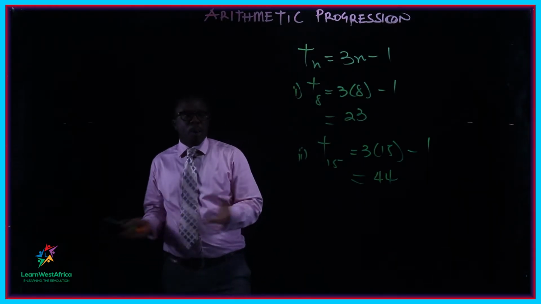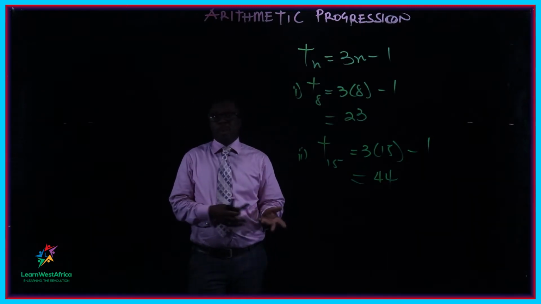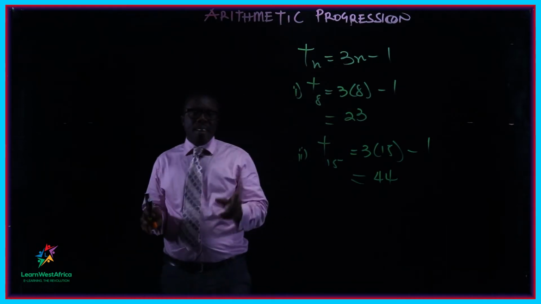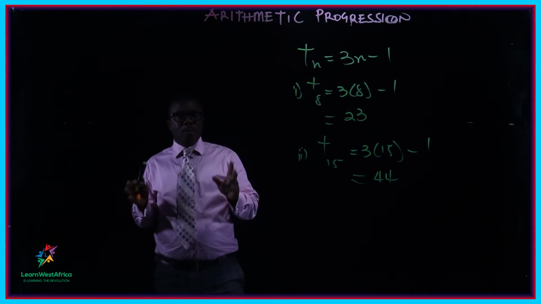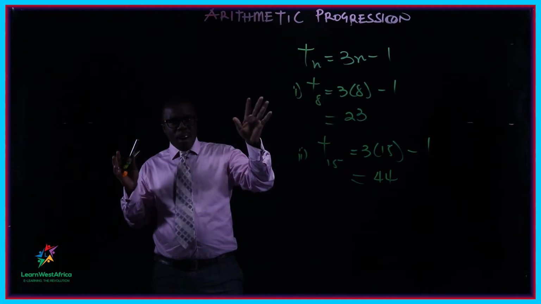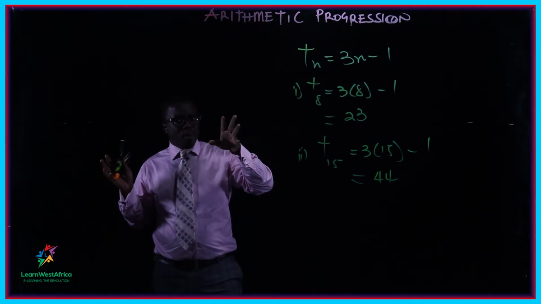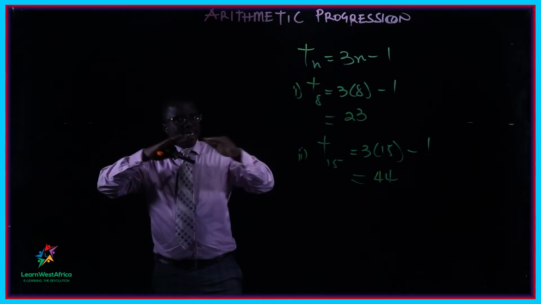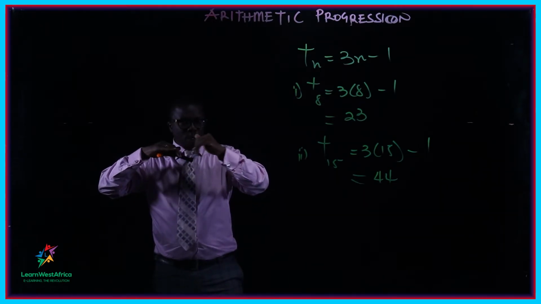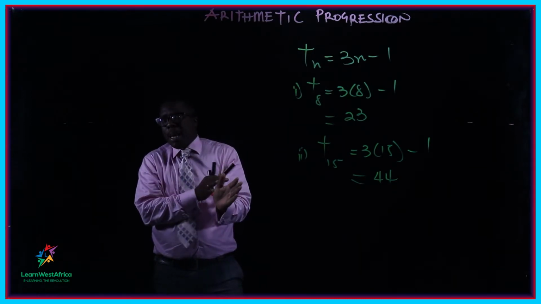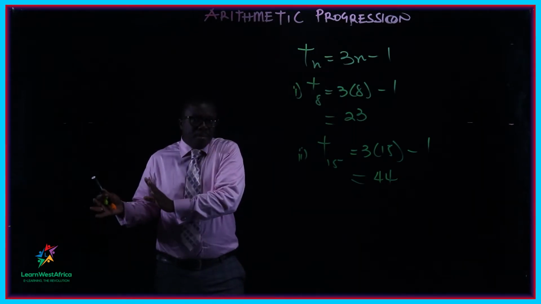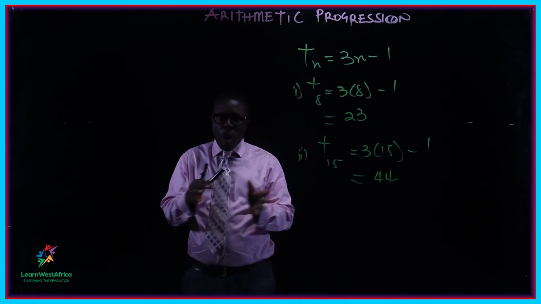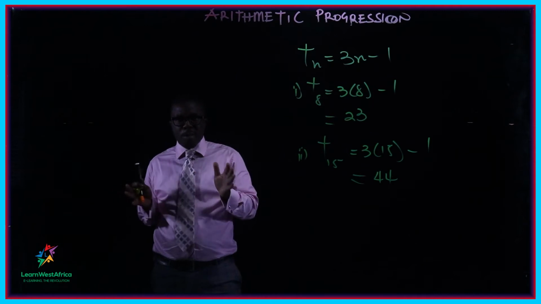Guys, note that the common difference is always the value you get from trying to find the difference between two successive terms in an AP. So if you know the 10th term, to be able to find the common difference, then you should know the 11th term or the 9th term, those successive terms, okay?